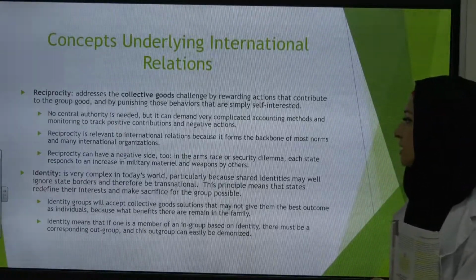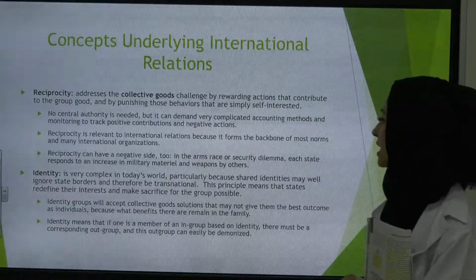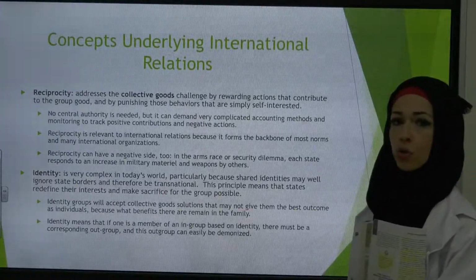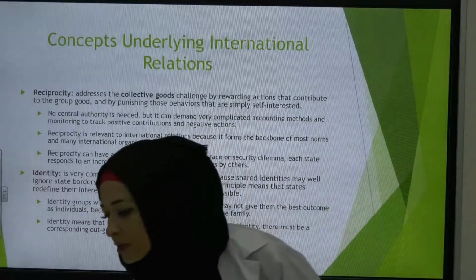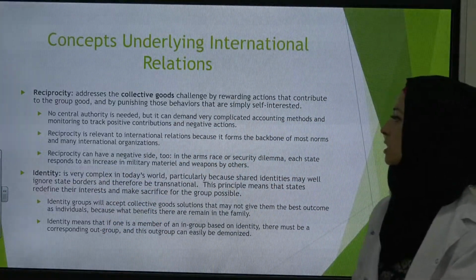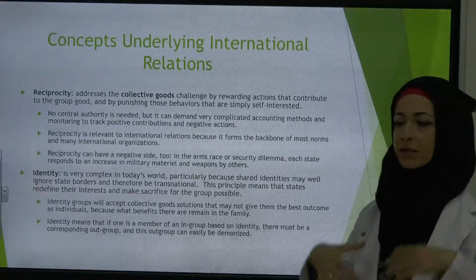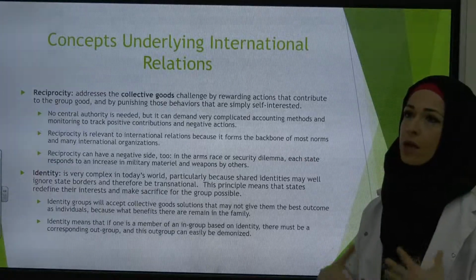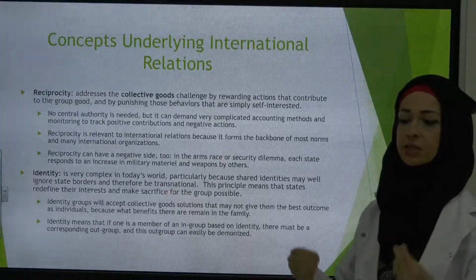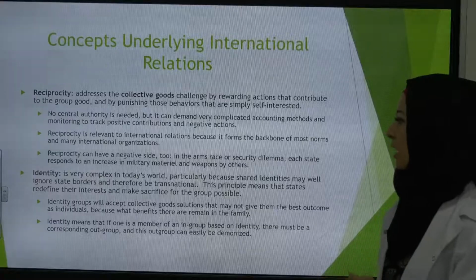Reciprocity is relevant to international relations because it forms the backbone of most norms at many international organizations, because we have international organizations that provide resources and help and services to states, to non-state actors, and what have you.